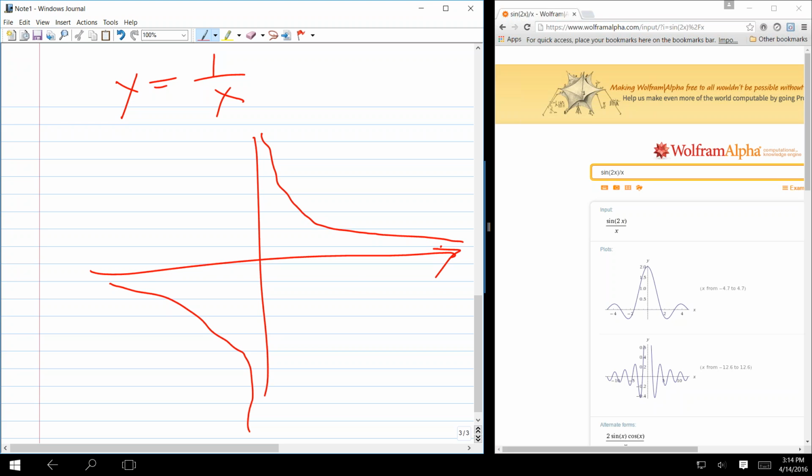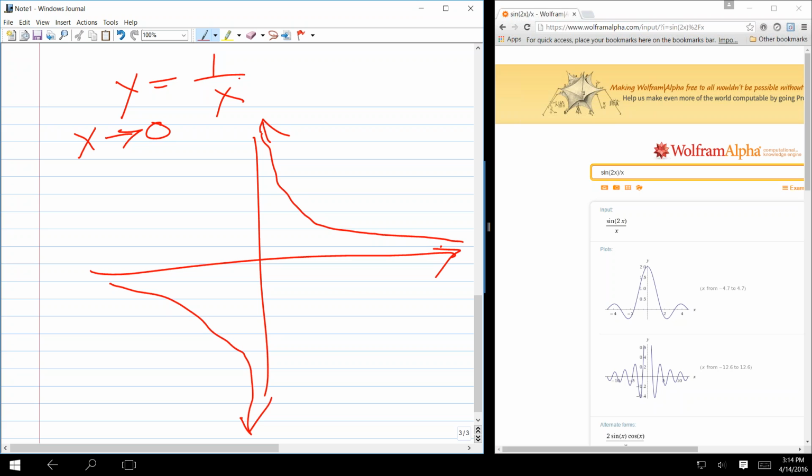So the equivalent would be as x approaches 0. Now, as x approaches 0 from the right, this thing's headed up to positive infinity. And as x approaches 0 from the left, it's headed towards negative infinity.